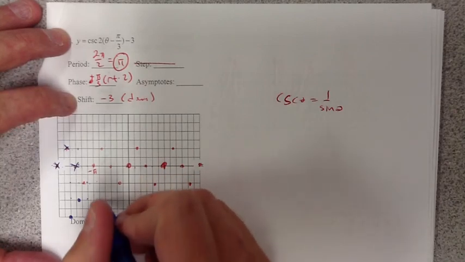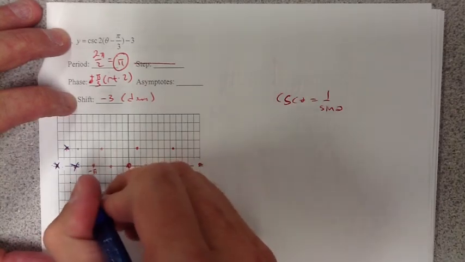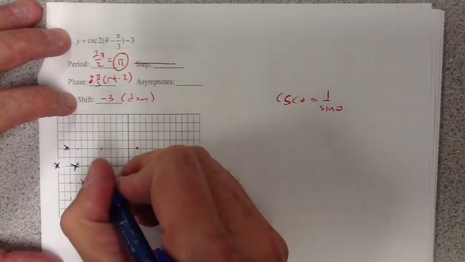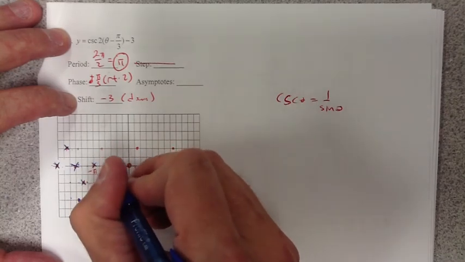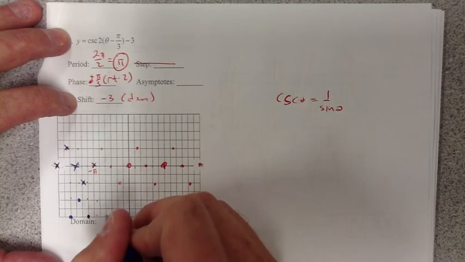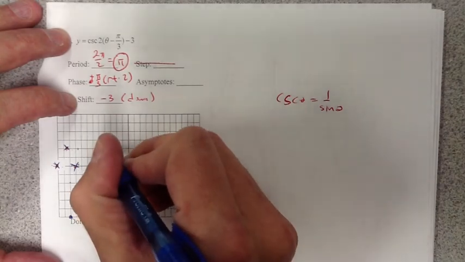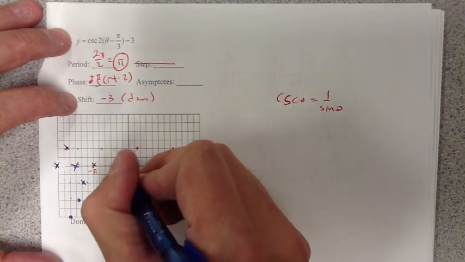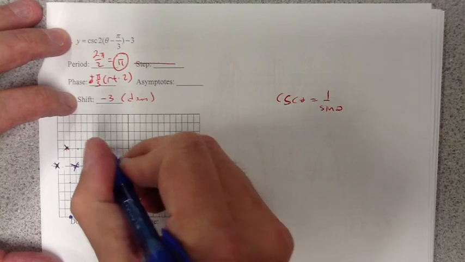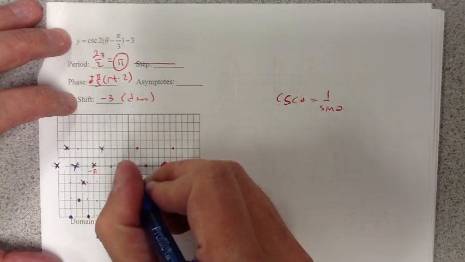If you want to, you can continue the pattern a little bit. Right 2, 1, 2, down 3. 1, 2, 3. For the most part, the pattern is going to be similar.